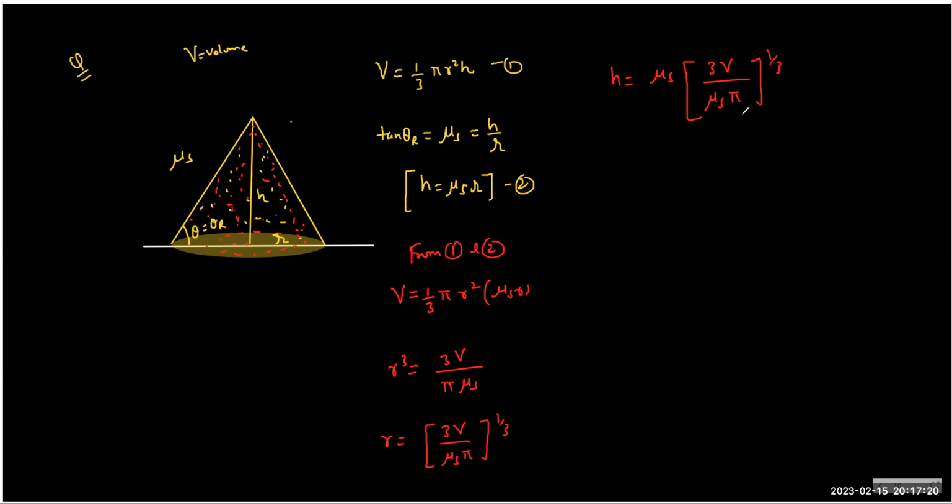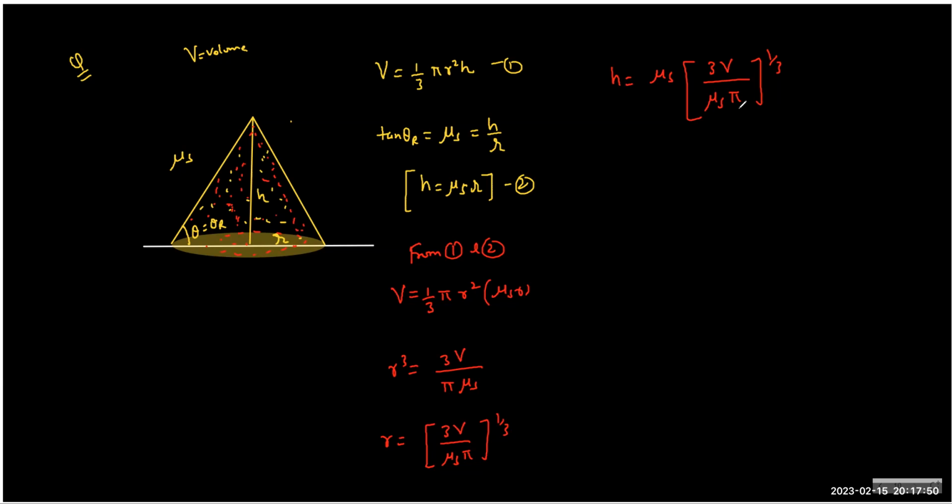But there is a more interesting thing: given the height and r of the heap, we can apply the geometry and actually find mu, the coefficient of friction. So you can go in your kitchen and start pouring salt slowly, then take a measuring tape, find the diameter and the height, and then you know the coefficient of friction between the salt particles.